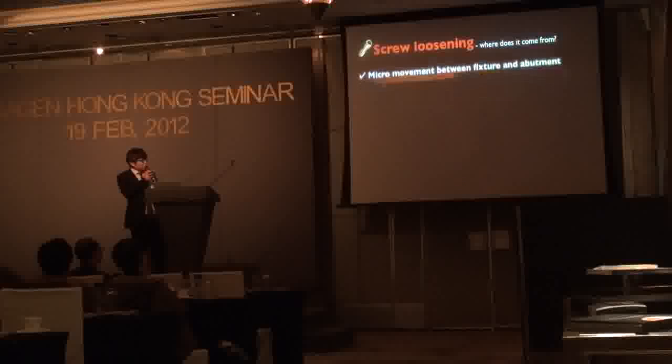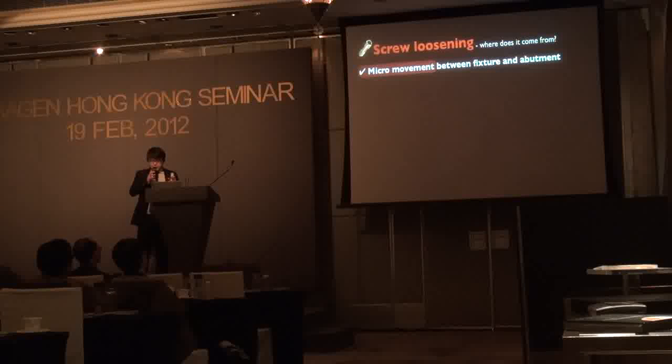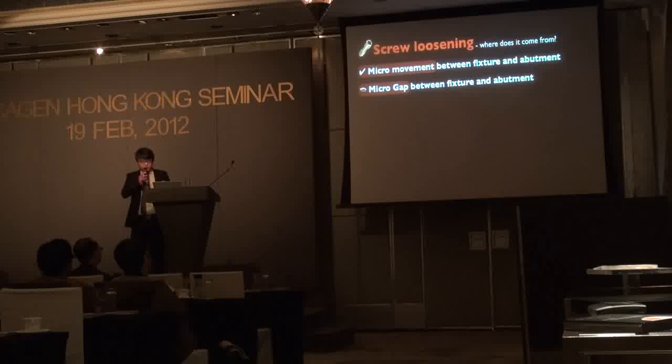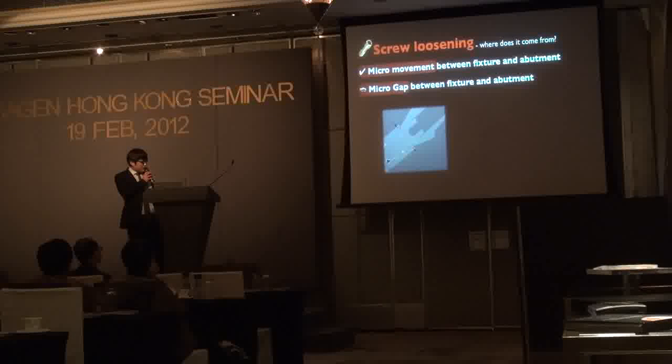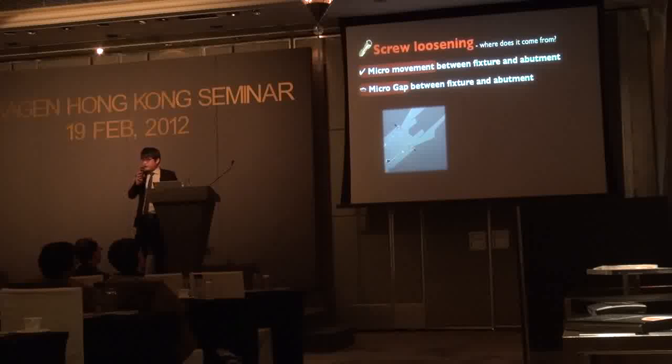The main reason there is micro movement is that there is a micro gap between the fixture and abutment. As you see here, there is a thin white line between the fixture and abutment, which means there is a micro gap, and also a micro movement.